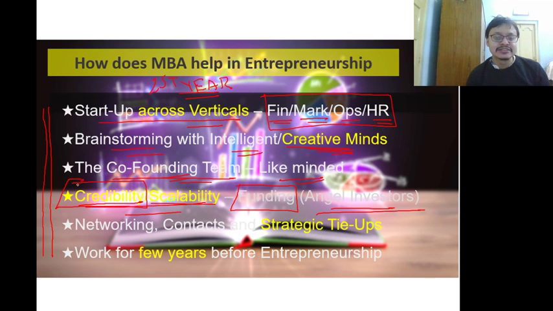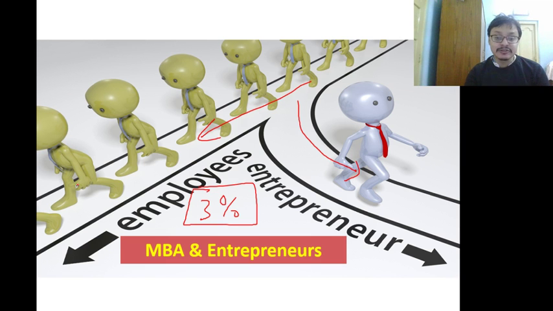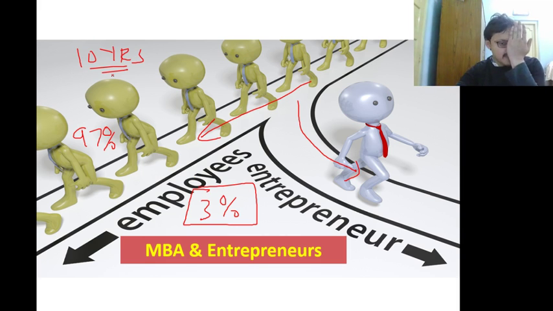The next thing is networking, contacts, and strategic tie-ups. In my last slide, I was talking about only 3% going on to become entrepreneurs. What about the rest? 97%. 10-15 years from now, these 97% will be in leadership positions in various companies.